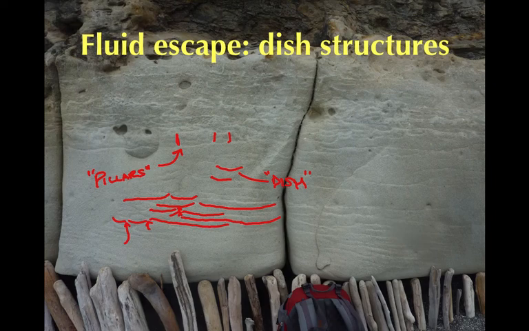The dish structures are usually light in color, and that's because they are fluid pathways. They've been washed clean of all the dark-colored organic matter and clay because of fluid traveling upwards along them. And dish structures tend to increase in number as you go upwards through a deposit. So we see a lot more pillars up here, and we see a lot more dishes as we go upwards through the deposit.